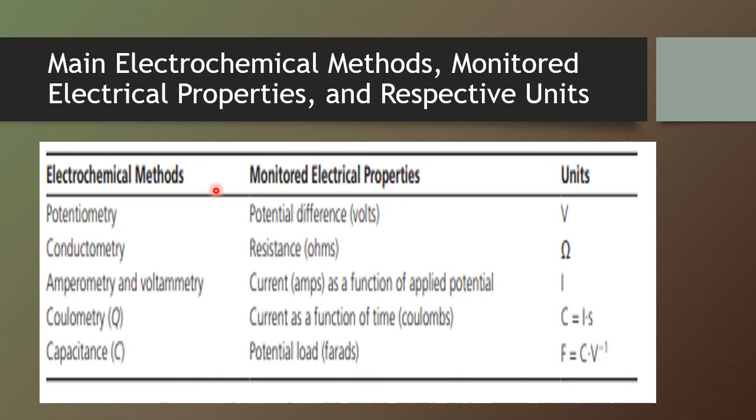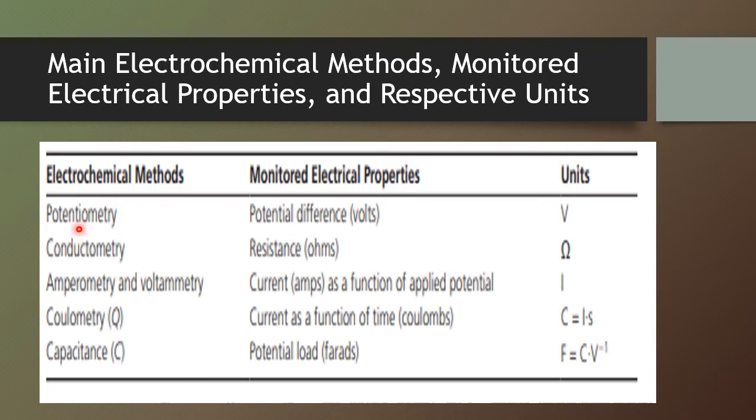So this table is representing the different types of electroanalytical methods and the properties which they are used to determine for the analyte. This column is representing the type of the electrochemical method. Over here you may observe the different types of electrical properties that are being measured with the help of these methods.